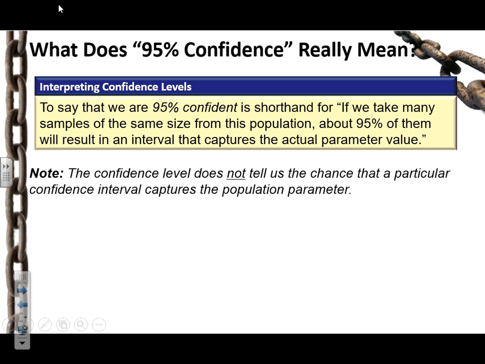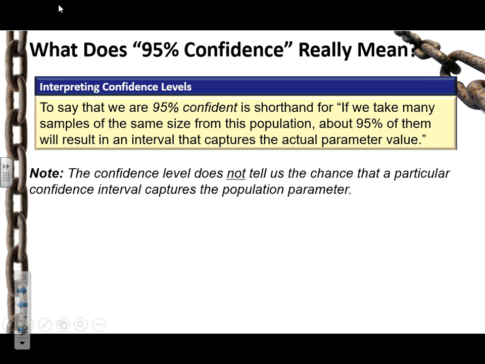Either my interval captured it, which would be a 100% chance I captured it, or my interval did not capture it, which is a 0% chance that I captured it. So each individual interval doesn't have a specific probability of capturing or not. It's either going to capture or it's not.